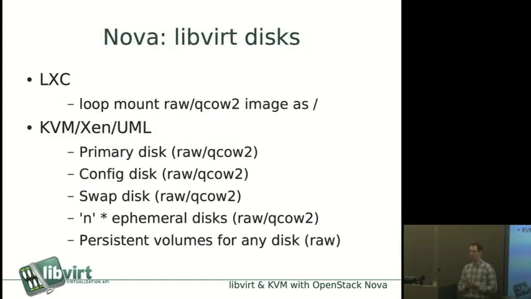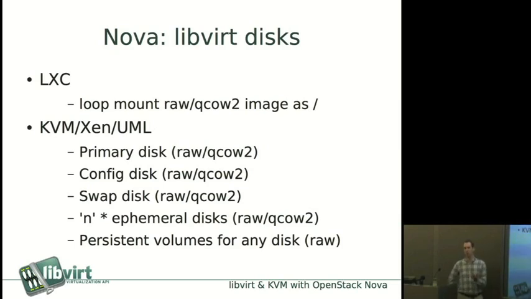Disk configuration, as I mentioned, is quite flexible. Well, I mentioned LXC has loopback devices. KVM, Xen, and UML have a wide range of disk devices. You've got a primary disk. You've got an optional config disk, which provides metadata for the guest virtual machine instance.